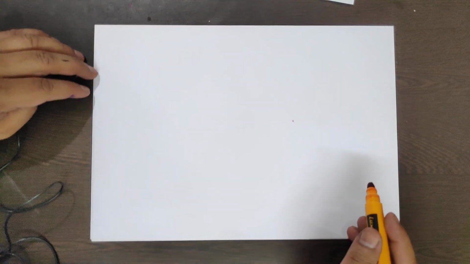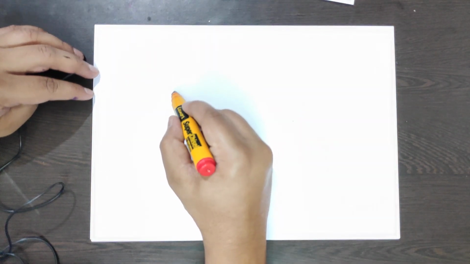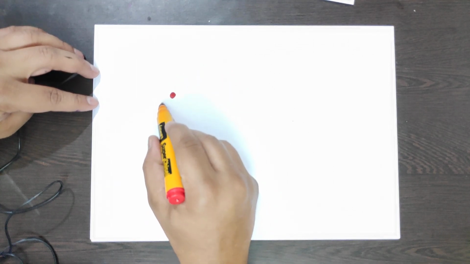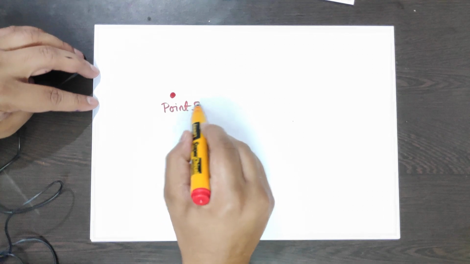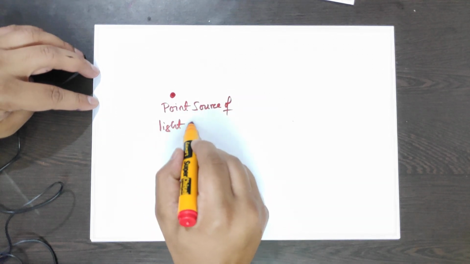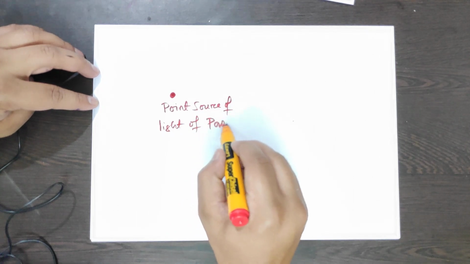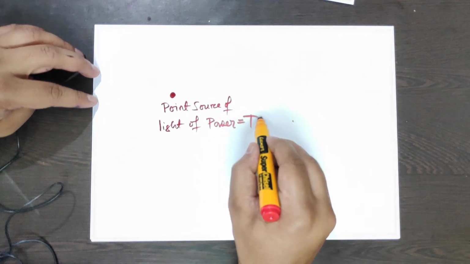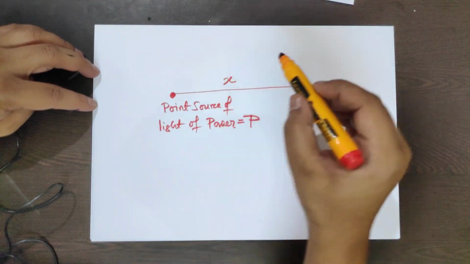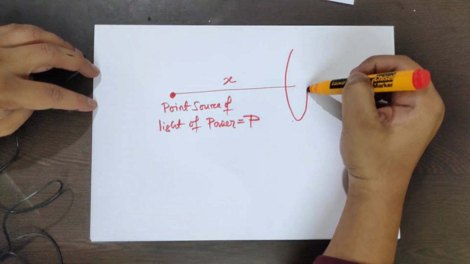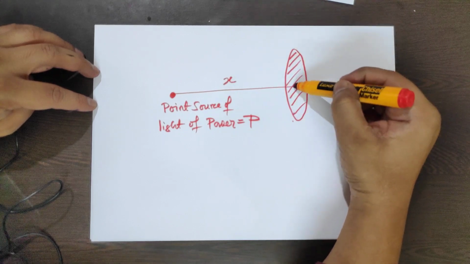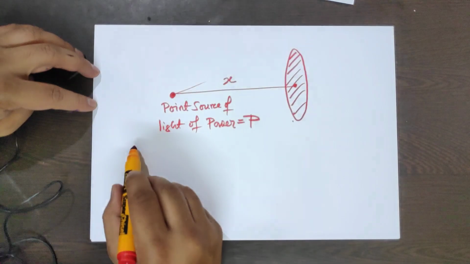Suppose in a problem there is a point source of light of power P, and at a distance x you have a disk. It's like a black body, so it will absorb all the power.